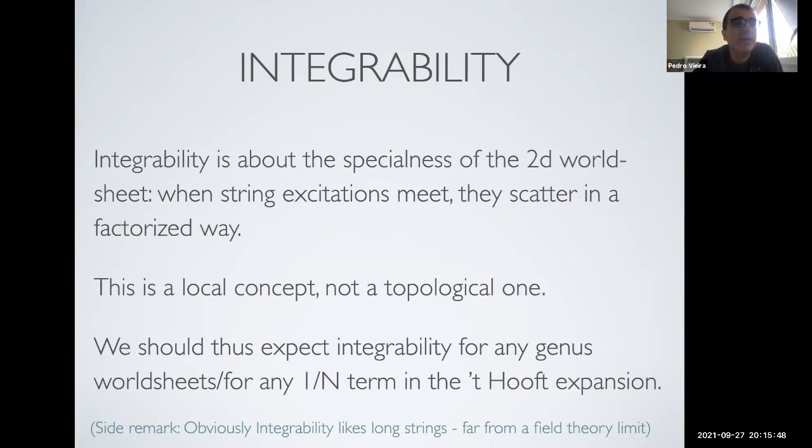It means we can study processes that really probe string theory, where strings are extended objects that open up and become big and then interact. So that's good. We can study really string theory, not field theory. But sometimes it's bad, because one of the things we often want is field theory limits, where the string tension is very big and the strings behave like particles. And that's often a challenge in integrability.